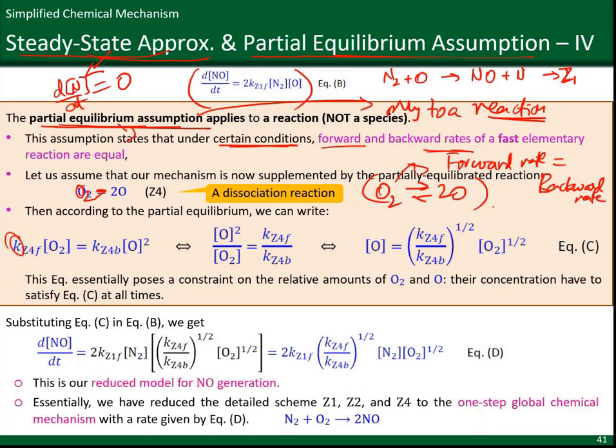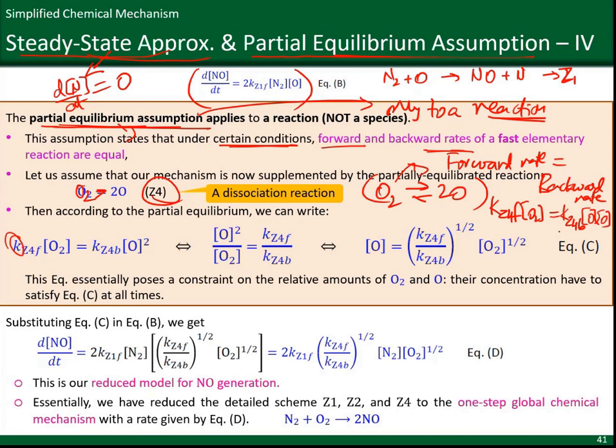Now this reaction is Z4, this dissociation reaction. So K_Z4F, forward direction, times concentration of O2 is equal to K_Z4B times, now we have two oxygen atoms being produced, so concentration of O times concentration of O, or O squared.